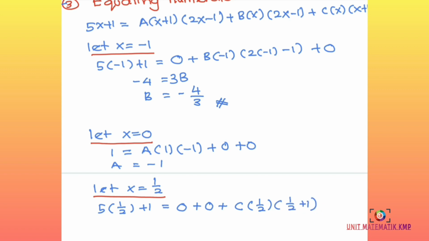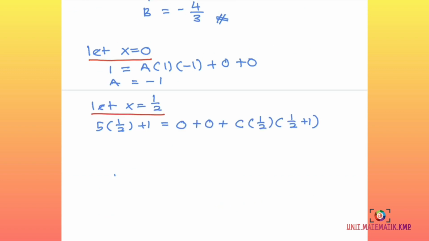Can you find the value of c? On the left hand side we have 5 over 2 plus 1, which is 7 over 2, right? On the right hand side is c times 1 over 2 times 3 over 2, so we have 3 over 4 c. 3c over 4 is equal to 7 over 2.